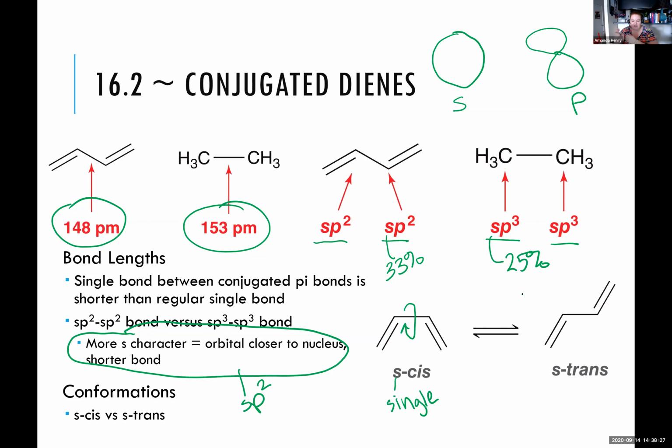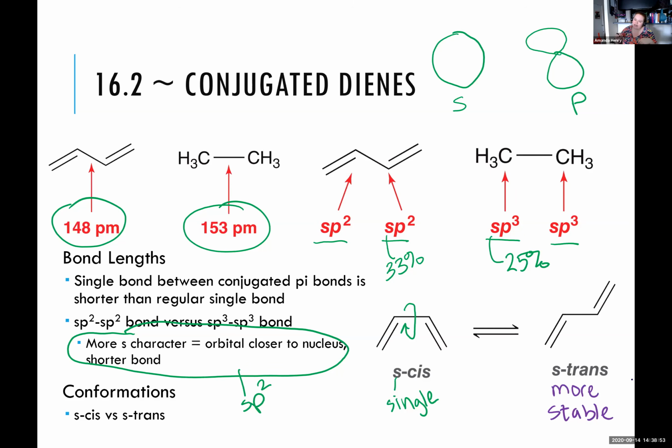So notice that we have our equilibrium arrow, so it can rotate back and forth. The trans is going to be more stable, which is probably not a surprise. We definitely see trans being more stable when we look at double bonds as well, because it's just kind of pushing sterically hindered groups away from each other.